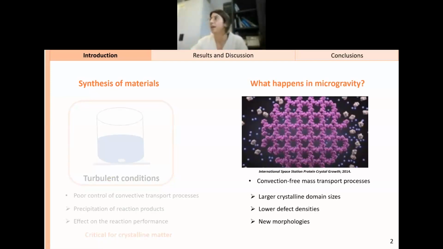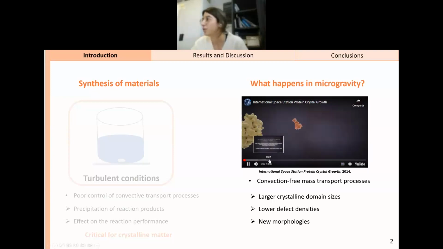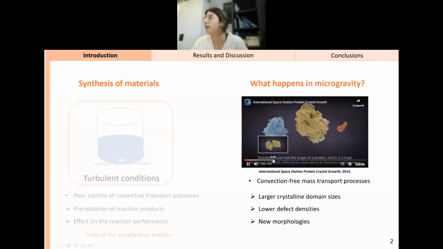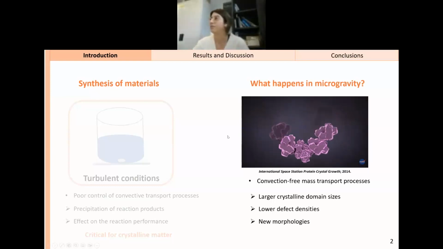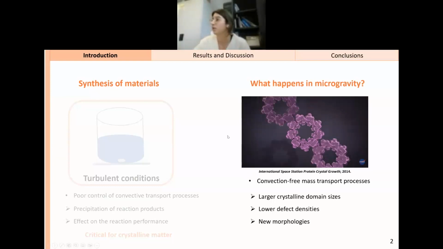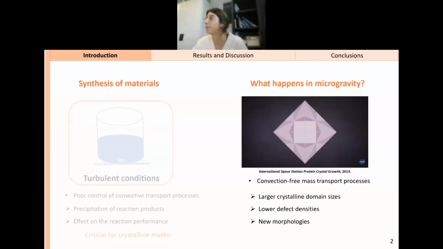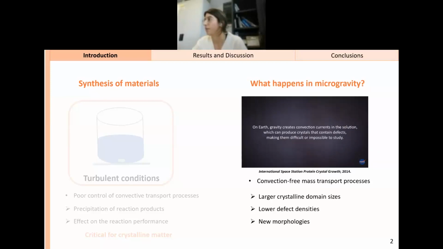However, what happens in microgravity? I found this video on YouTube that shows a little bit the idea of microgravity. In this case, they show you how proteins are crystallized in microgravity.